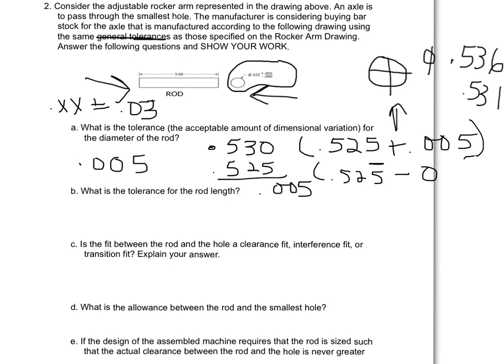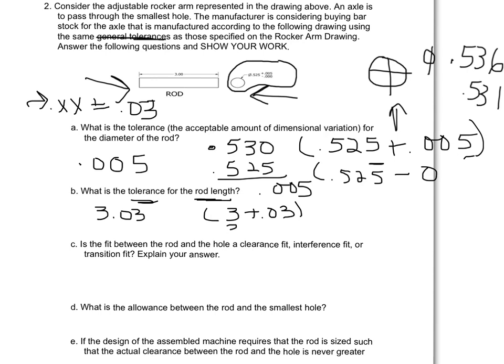So looking now at the tolerance for the rod length, remember I told you that we're going to use this information because that's how I'm reading it. So what's the biggest rod length you can make? Well, it's going to be 3.03. How do I get that? I say 3 plus 0.03 because that was from the general tolerance. What's the smallest one you can make?